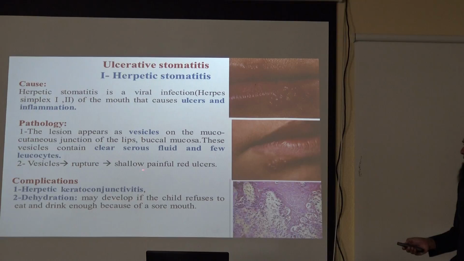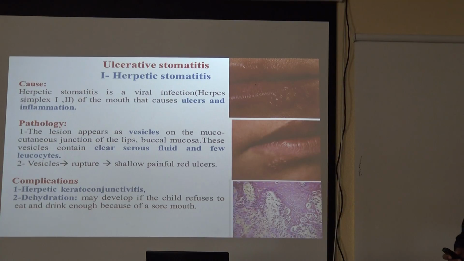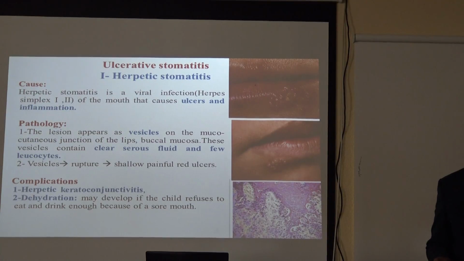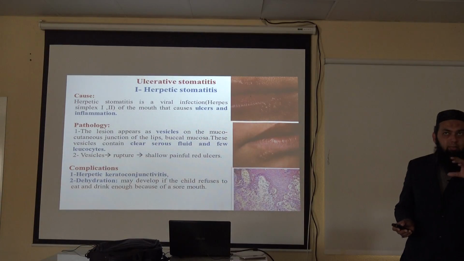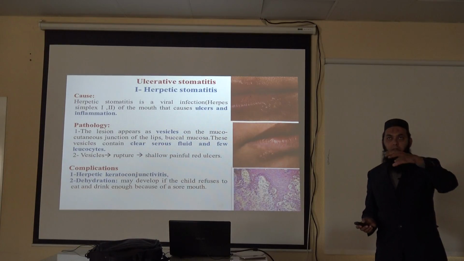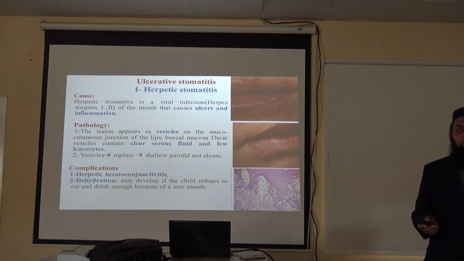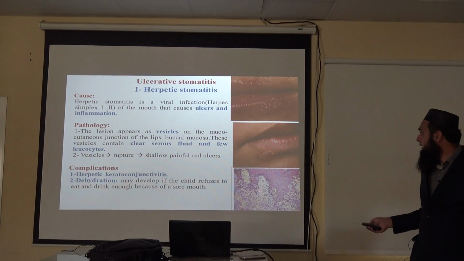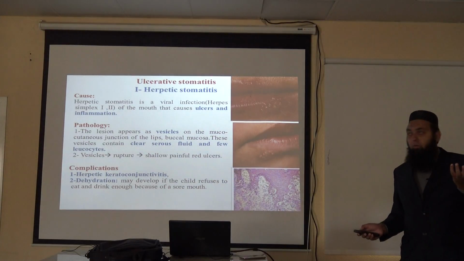And when they rupture, they leave shallow, painful red ulcers. So in short, this is an ulcer. As you know, what is an ulcer first of all? Any idea? It is the damage of the superficial layers of any surface, just like a wound.